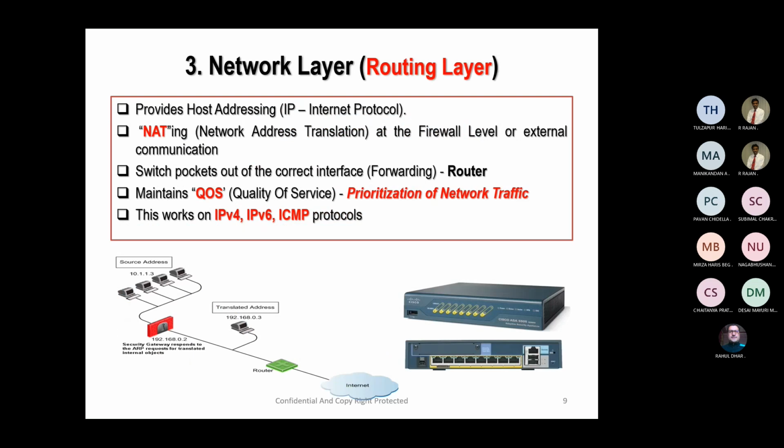So coming back to the network layer, what is happening? The IP address which is assigned to you is going to carry the entire data, which is going to traverse into the network. But fundamentally, the IP address which is internally assigned to you cannot be understood by the external network. So there is a NATing that happens. Translation of your internal IP address into an external recognizable IP address that happens.